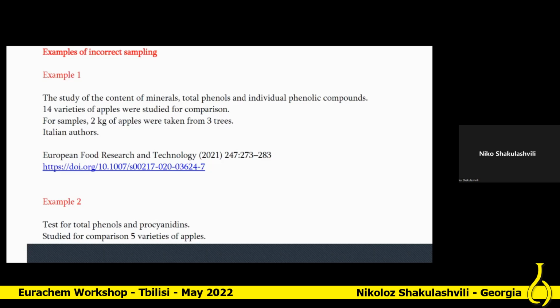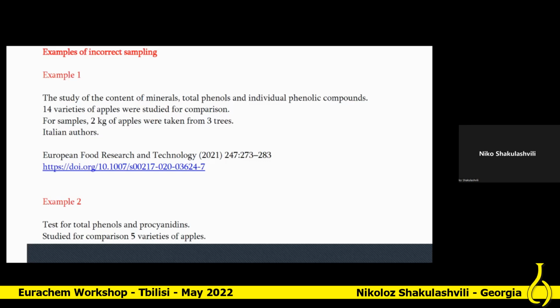A team of Italian scientists were analyzing the contents of minerals in apples, including phenols. They were analyzing 15 different varieties of apple, and they were checking everything based on the parameters.